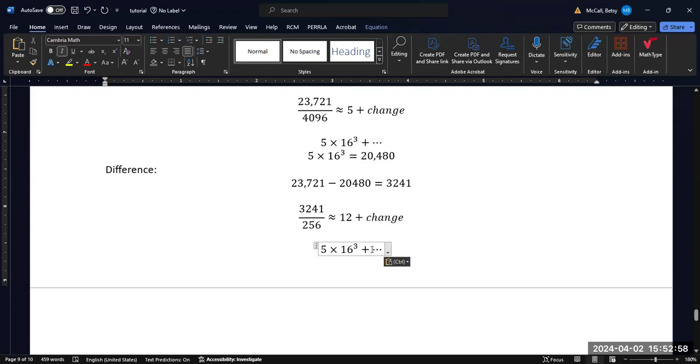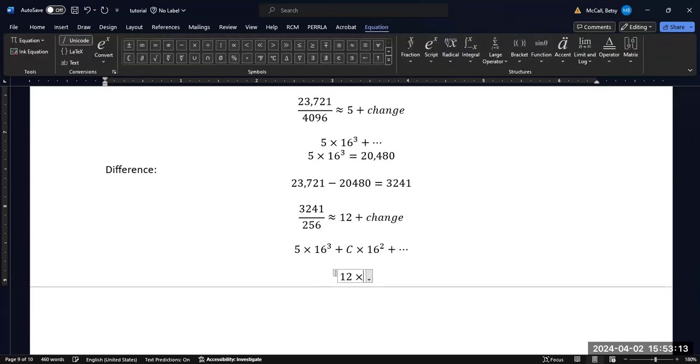So A is 10, B is 11, C is 12. Plus, well, what is 12 times 256? That is 3,072. So 3,241 minus 3,072 leaves me with 169 unaccounted for.